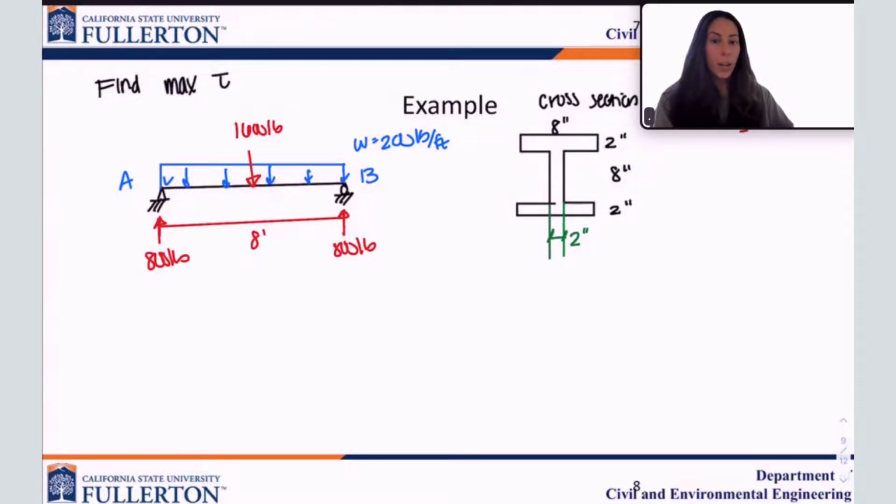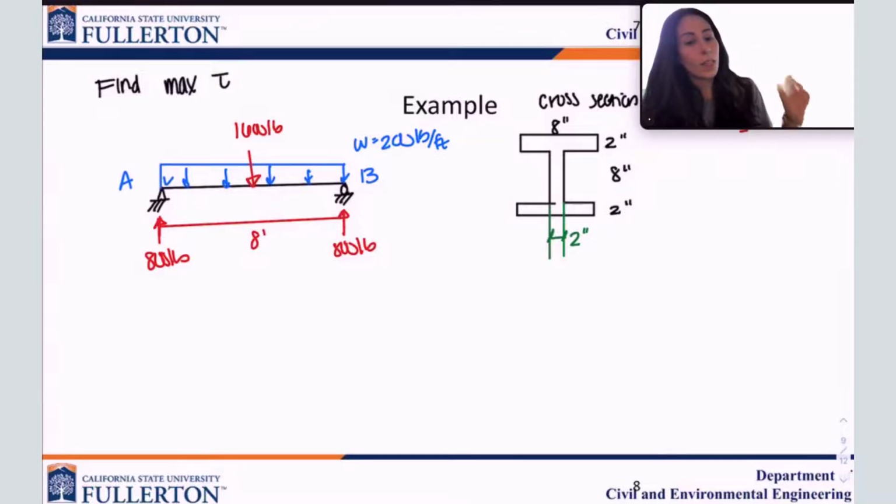That is from calculus. There should also be a review that goes through that a little bit more. The B is just the width of the cross section at the point you're trying to find the shear at. V we can get from the shear diagram. And Q is another geometric property similar to I that we're going to go over, okay?